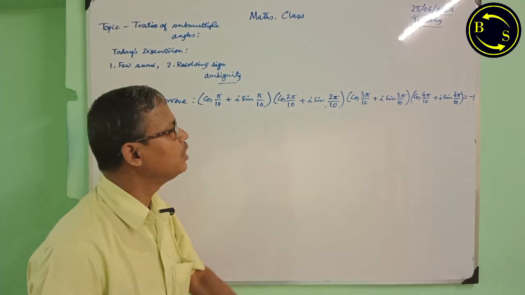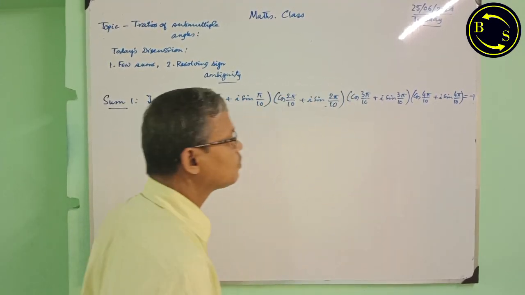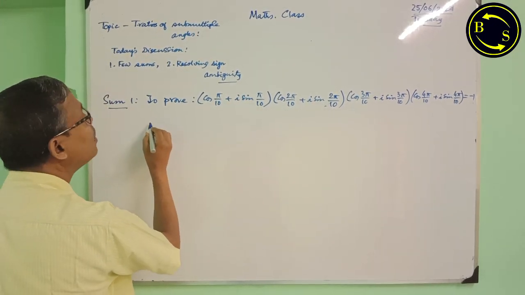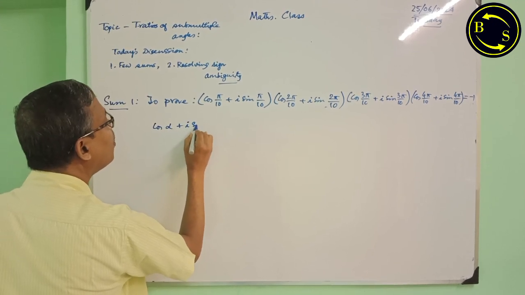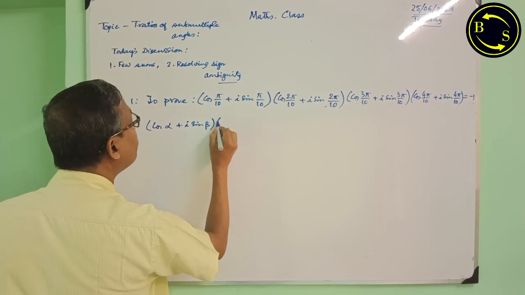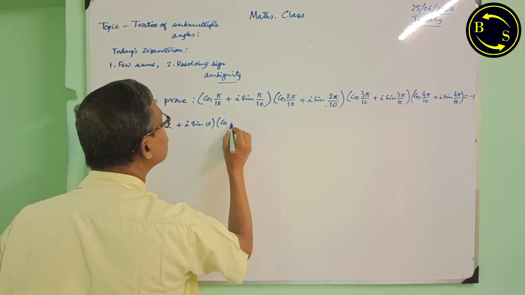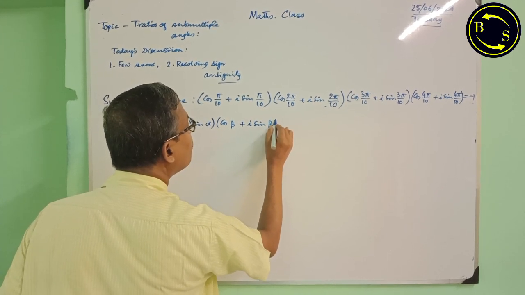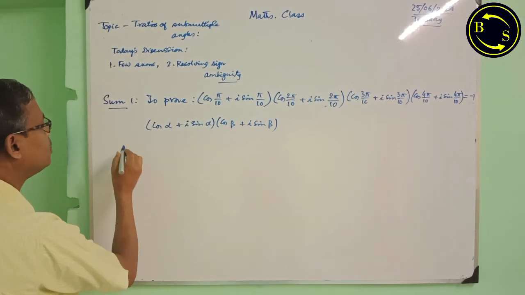First sum is this one: to prove product of these factors is equal to -1. For that, I first find this product.